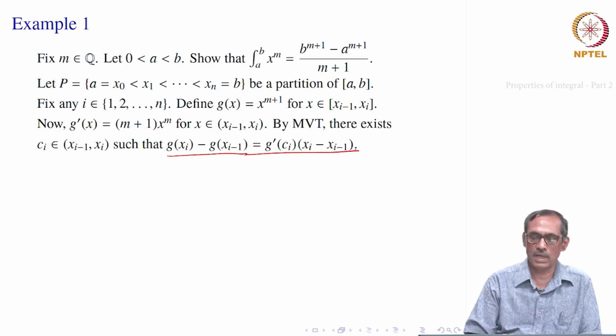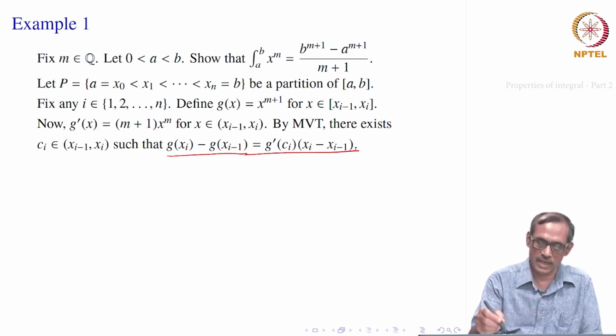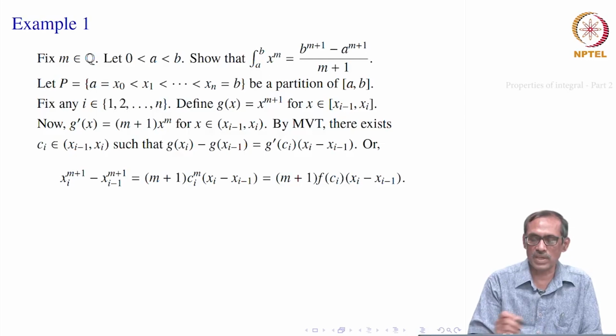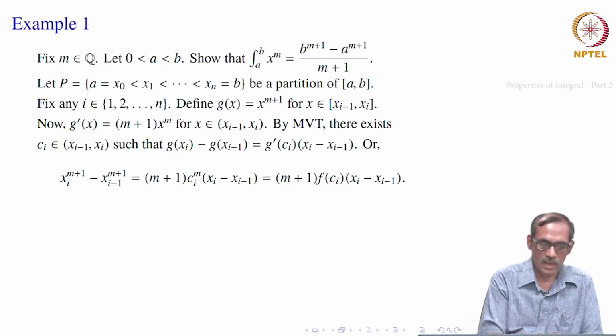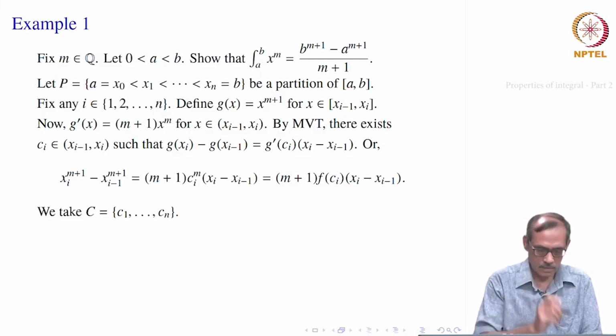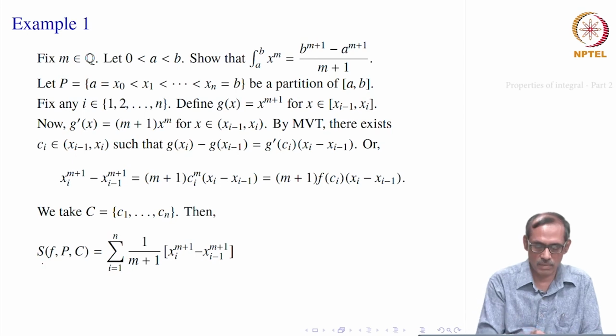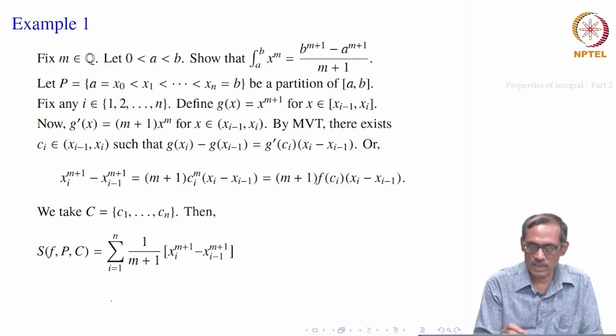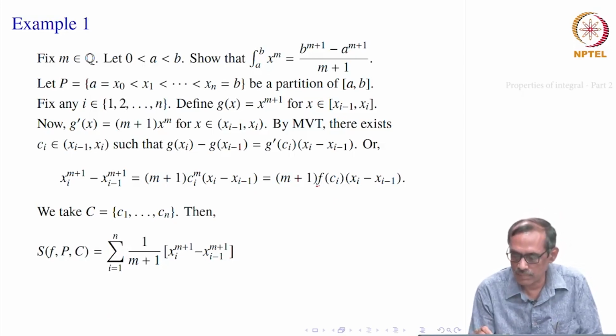Now, what do we do? In our Riemann sum, we take these c i's as our choice points. Then with these c i's, our Riemann sum is the summation i from 1 to n of f of c i times x i minus x i minus 1. Now, what is that?